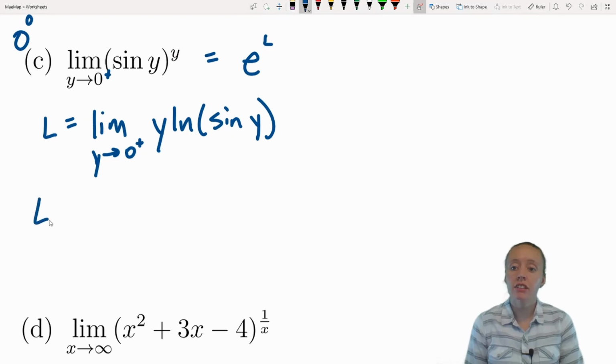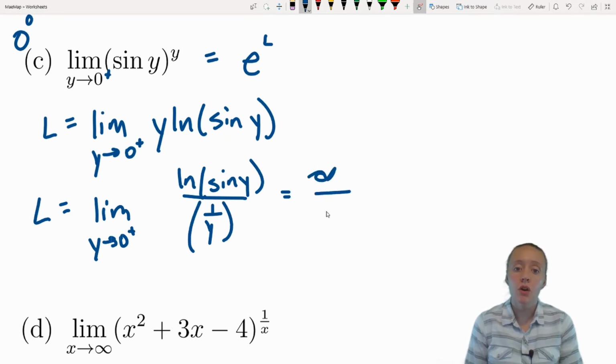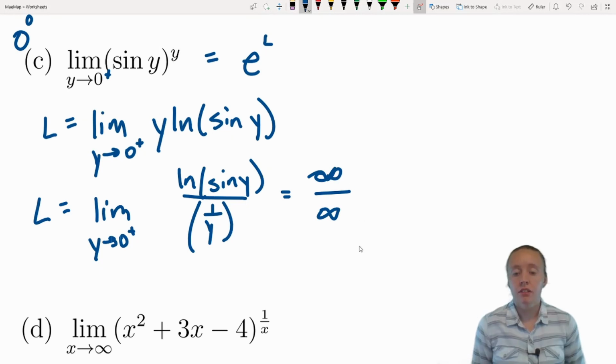So this L is going to be equal to the limit as y approaches 0 from the right of the ln of sine of y all over 1 over y. Now we're going to have infinity over infinity. As we approach 0, the ln of 0 is approaching negative infinity over infinity. It's still some infinity over infinity.